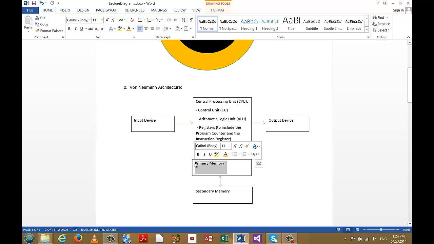To a limited extent, we use other forms of primary memory like ROM, read-only memory, or PROM, programmable read-only memory. But in most computers, if we're thinking of what's going on under the hood, we're looking at disk drives as being secondary memory, and we're looking at RAM as being primary memory.